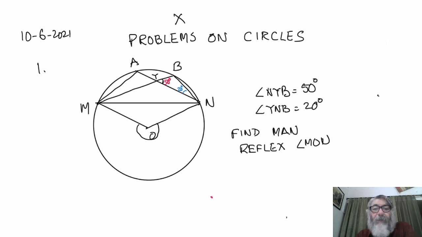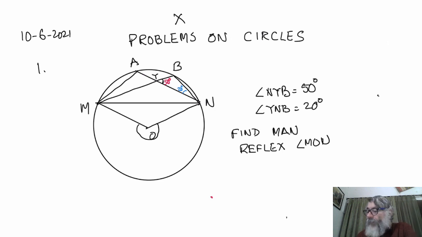and MBN formed. He has given you angle NYB to be 50, which is written in red, and BNY as 20, which is written in blue in the figure, but otherwise they are mentioned in black on the screen.